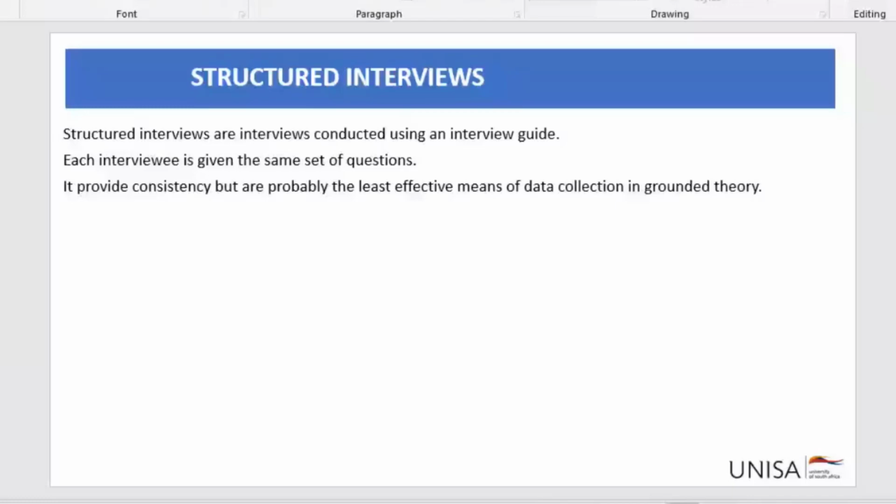However, there's nothing wrong if you are already creating themes and you just say, I don't want to go all over the show with anyone. I just want them to tell me the following concepts, because that's what you're into. So it's not wrong if you also do structured, but you might get richer data when you are not structured with them, especially because people would like to defend their views at times.